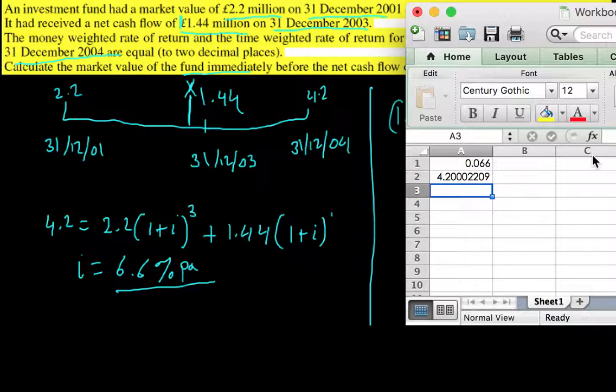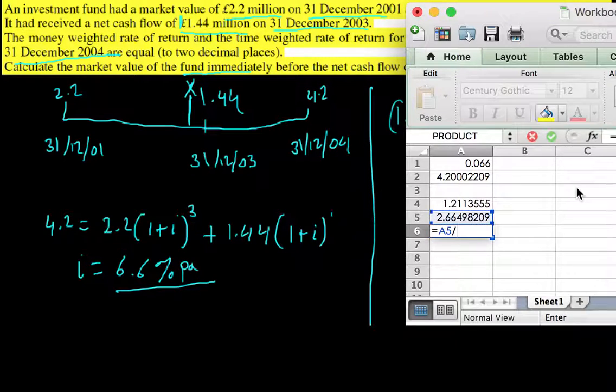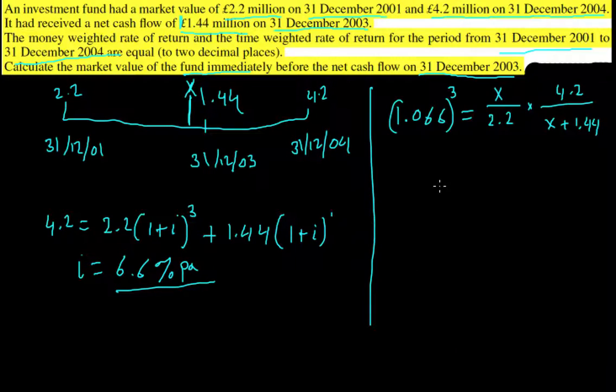So 1.066 to the power of 3, multiplied by 2.2, divided by 4.2, gives 0.6345, which equals x over x plus 1.44.